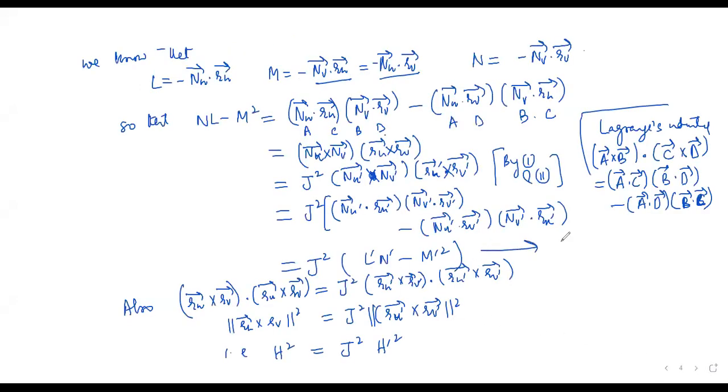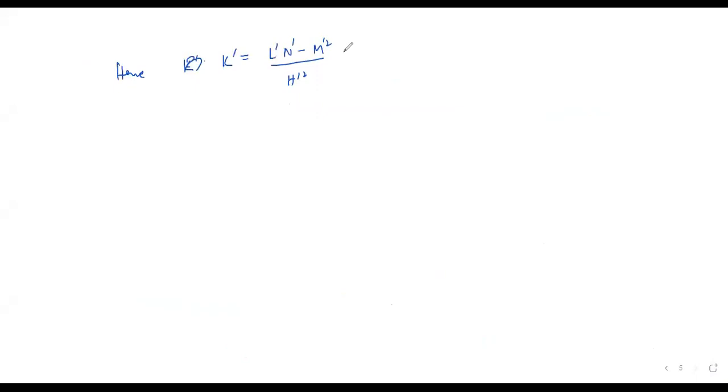That will be basically 1 by G square into LN minus M square divided by 1 by G square times H square, which is nothing but LN minus M square divided by H square. That is equal to K. That is, reparameterization makes no difference; the value of Gaussian curvature we get will be the same.